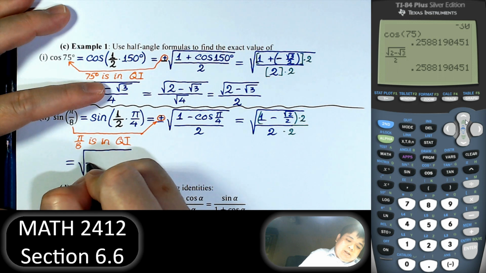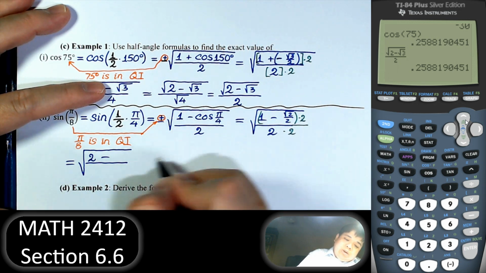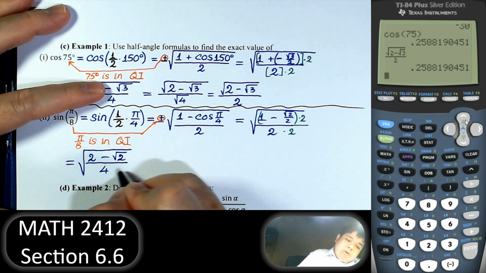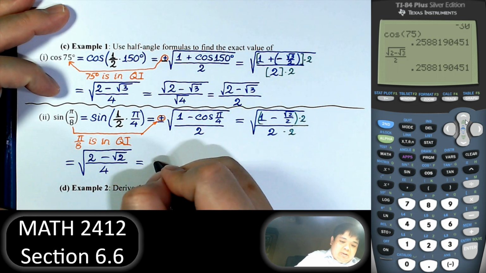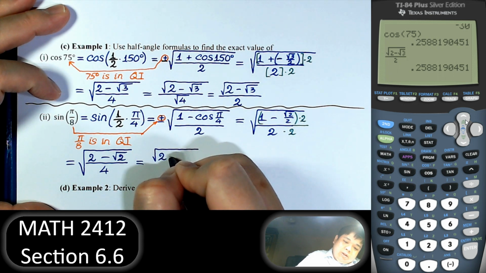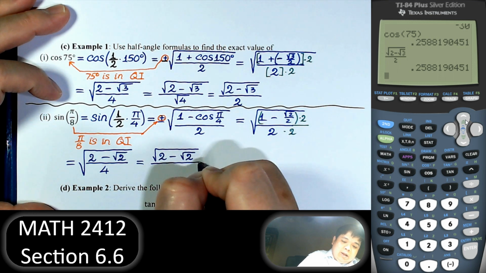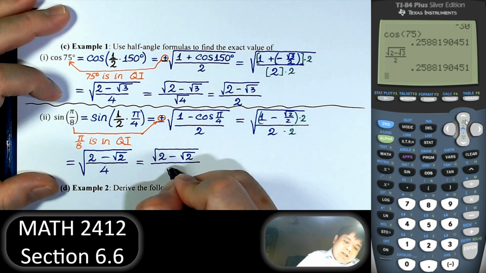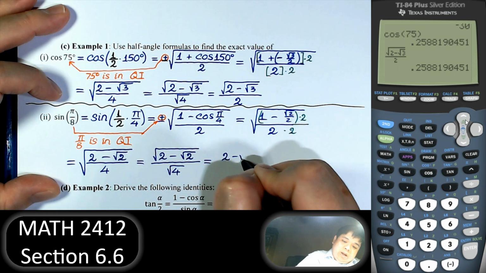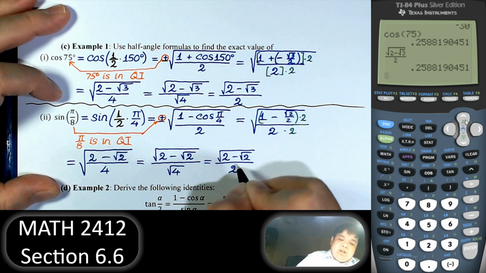Square root of 2 times 1, 2 and 2 cancel out, 2 times 2 at the bottom is 4. So we split the square root on the top and the square root at the bottom. So we have square root of 2 minus square root of 2, over 2.